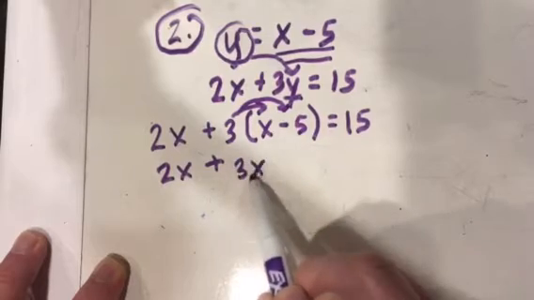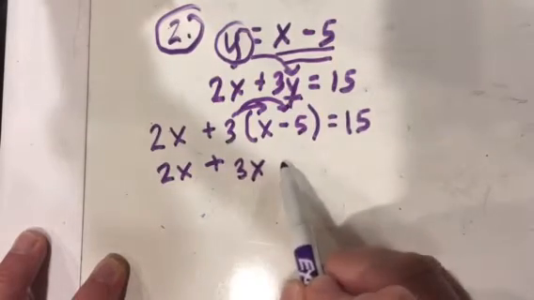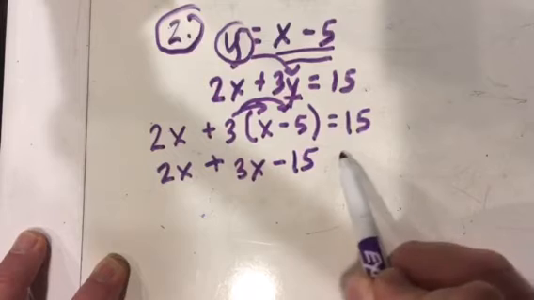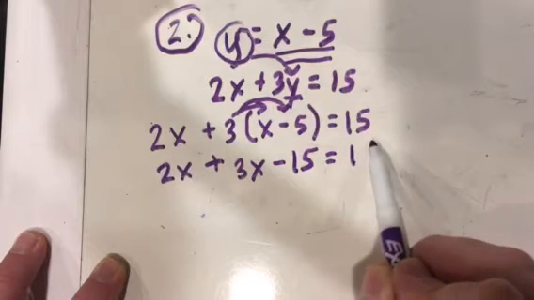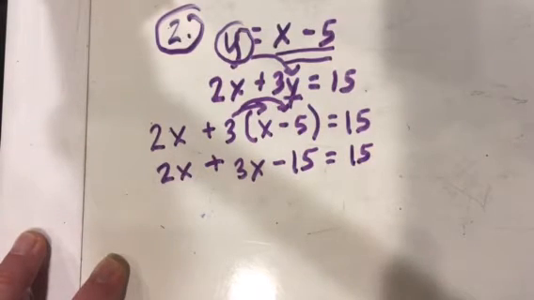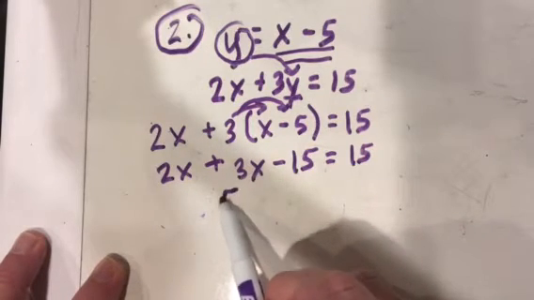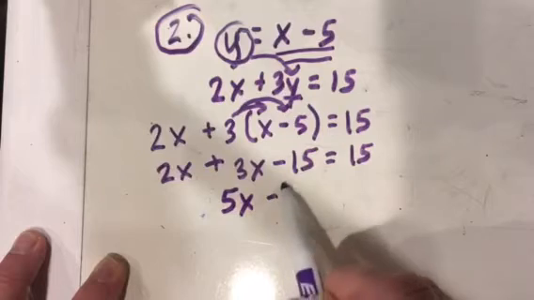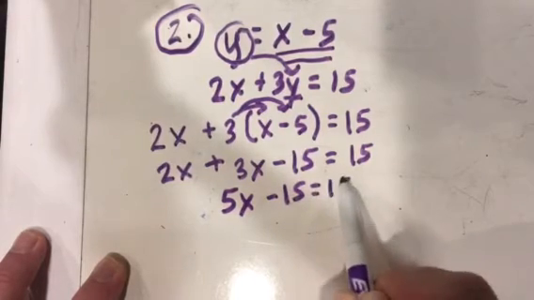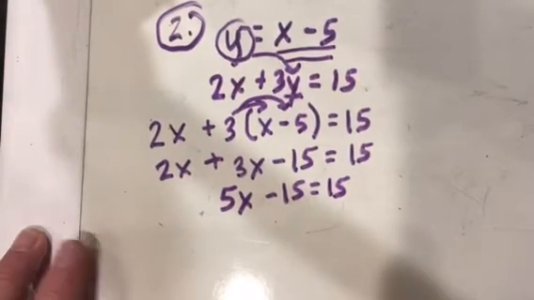3 times x is 3x. 3 times negative 5, we're going to treat that like negative 15. Combine some like terms here. We get 5x minus 15 equals 15. Remember, the goal here is we're trying to get one equation with one variable.